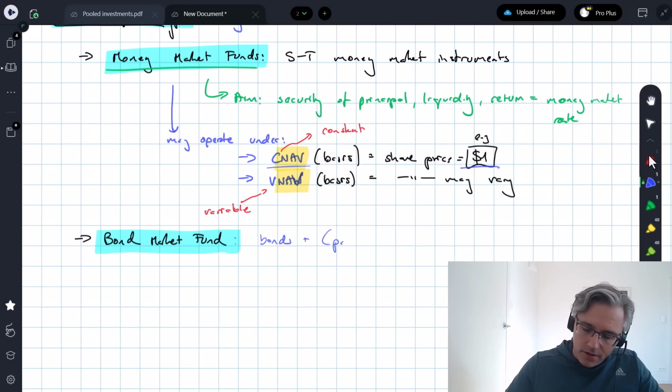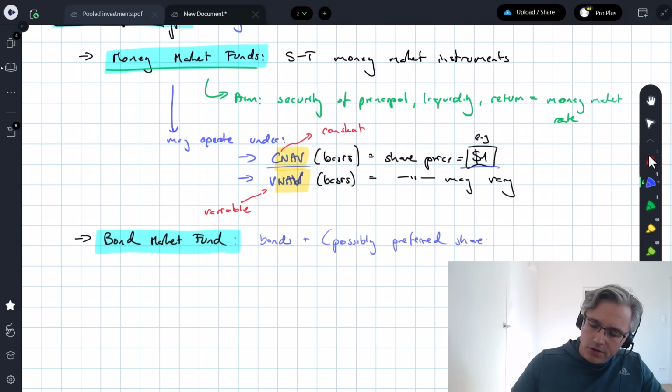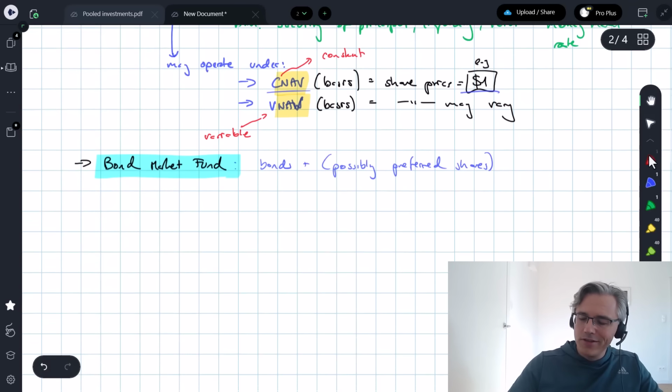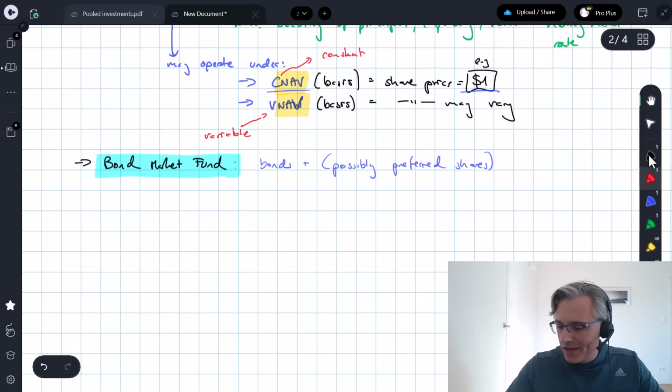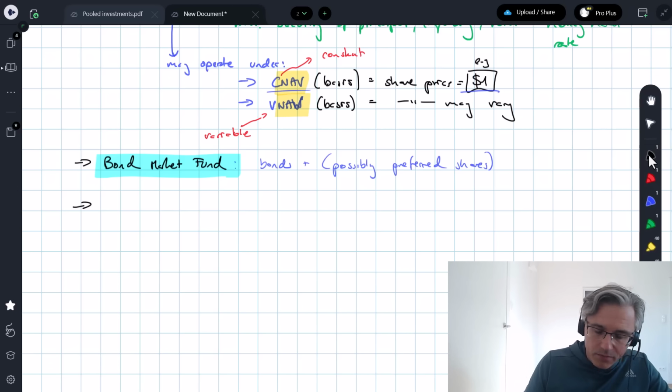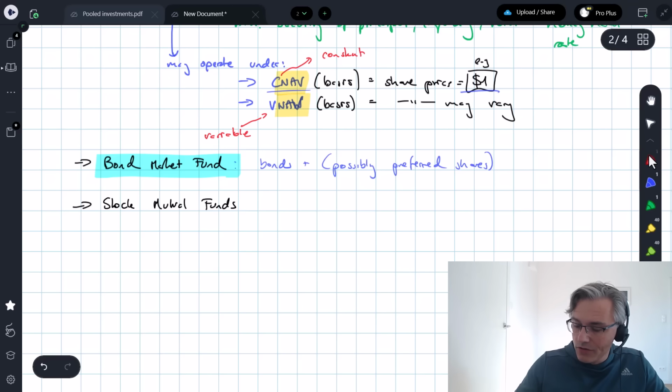But interestingly, possibly they could also have in their portfolio preferred shares, which even though they are shares, so equity securities, they behave in a nature that is very similar to fixed income instruments because typically of their stable dividend.